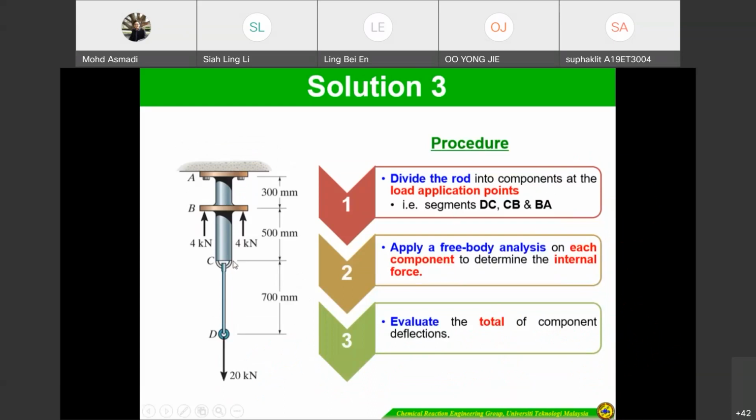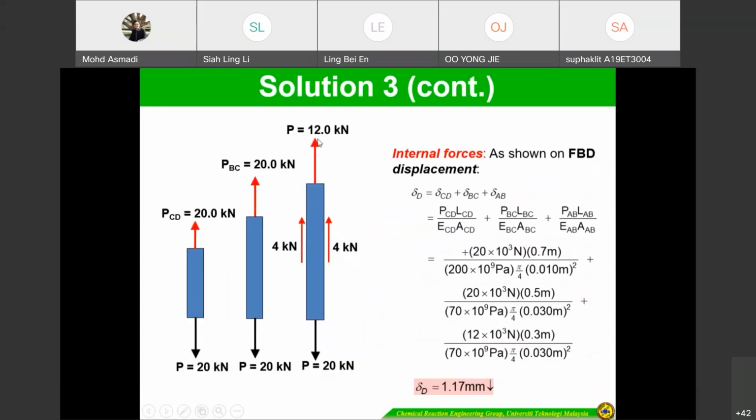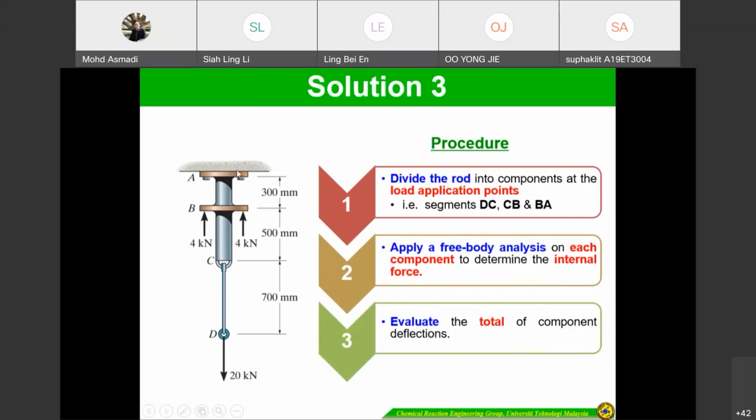Please remember, do not forget to draw the free body diagram. Sorry, I didn't use the free body diagram here.